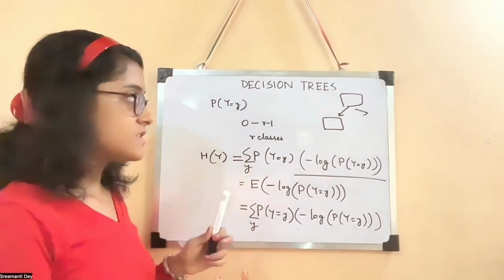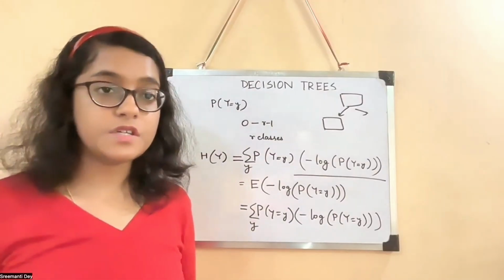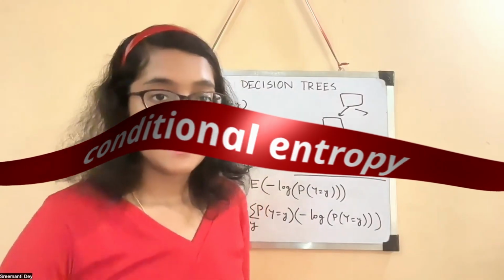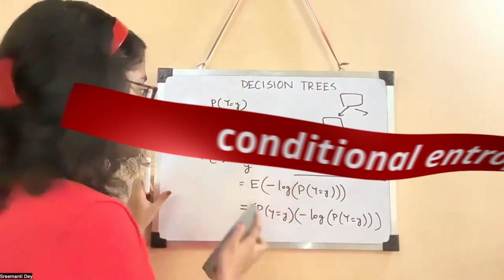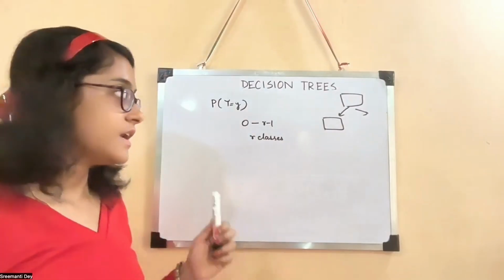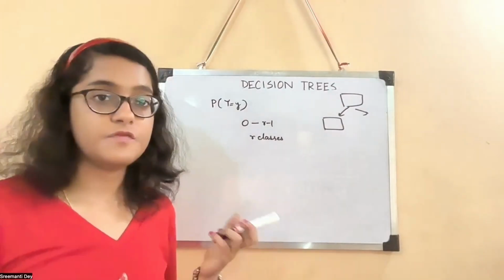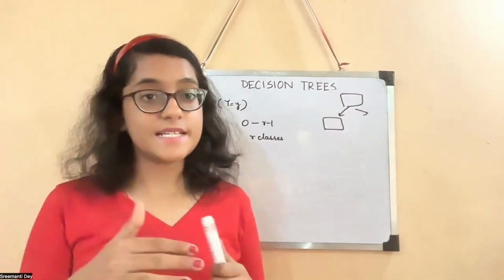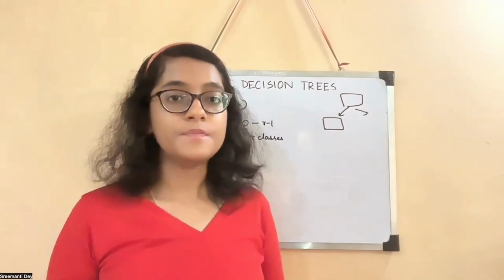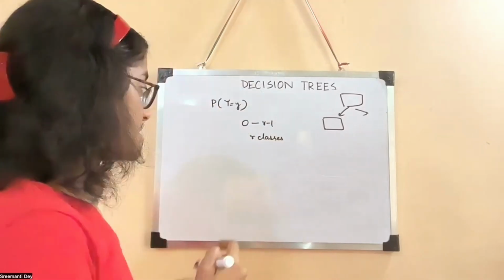But this has no x, that is no feature, so we don't know how to do this. So now comes in the conditional entropy based on the feature. It's interesting, right? It's getting interesting. So now comes the conditional entropy based on x, which we'll use to determine the feature that we are going to use to split at each step, so that we get a tree that has the least entropy and is the most stable. It's very interesting.